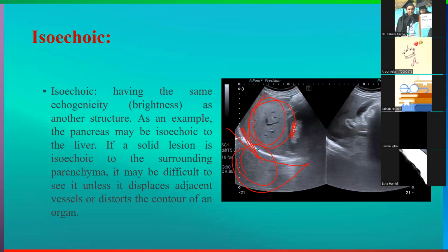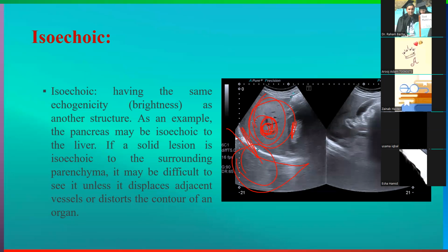And describing a pathological structure, you can use isoechoic, hypoechoic, hyperechoic, and so on. For example, there is a mass in the right lobe of the liver, and the mass is more echogenic, bright. So you can describe that it is well-defined or ill-defined.